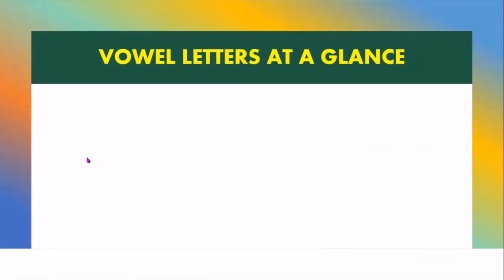We want to begin with vowel letters at a glance. You need to understand that vowels are crucial building blocks of words, and each vowel letter carries its own unique sound or sounds. Let's discover the vowel letters and the sounds they represent to enhance our pronunciation skills.